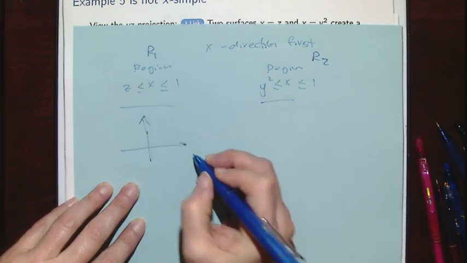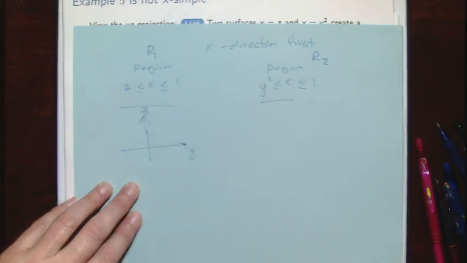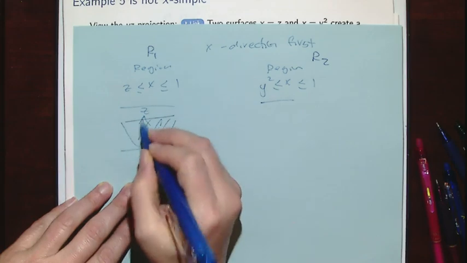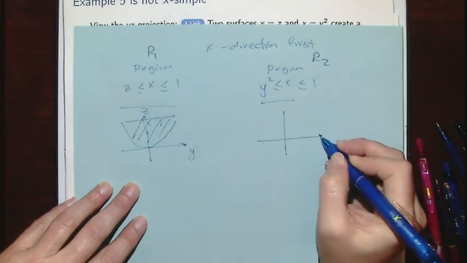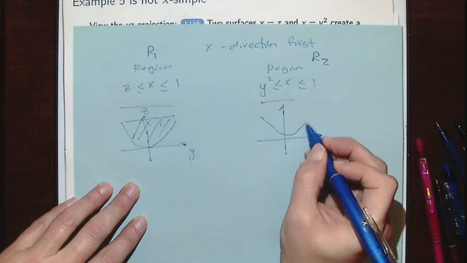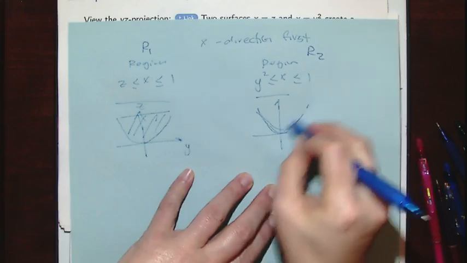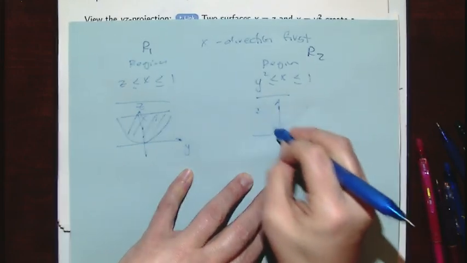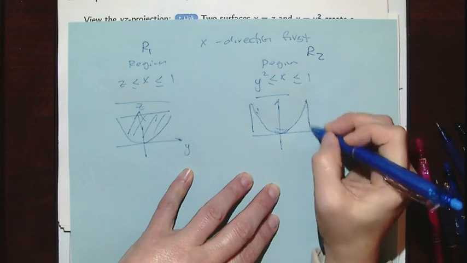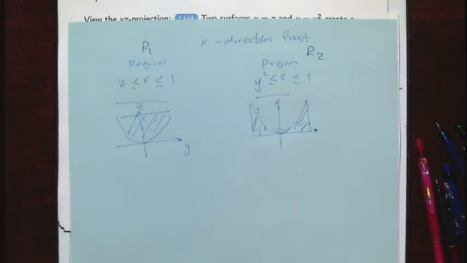So if I'm projecting on YZ, what I see is this one is going to be above the parabola, and this one has to be below the parabola. So two of these. Fair game?